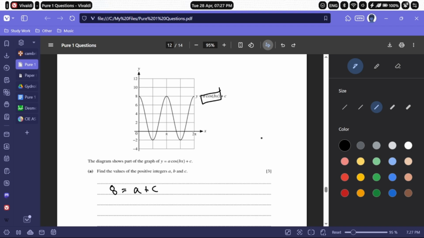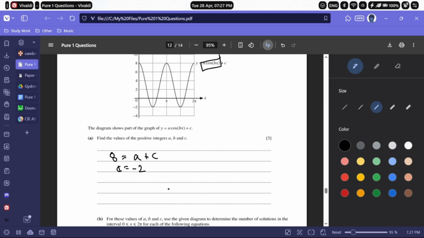It hasn't been reflected or anything. You can use that logic as well. So c would be equal to -2. And then you get 8 is equal to a minus 2. a would be equal to 10.